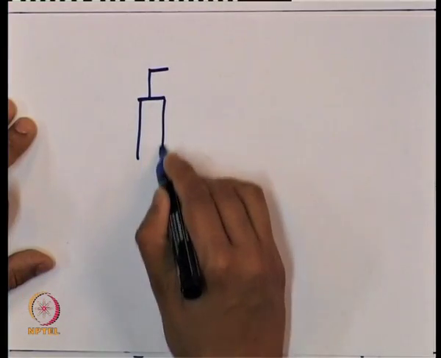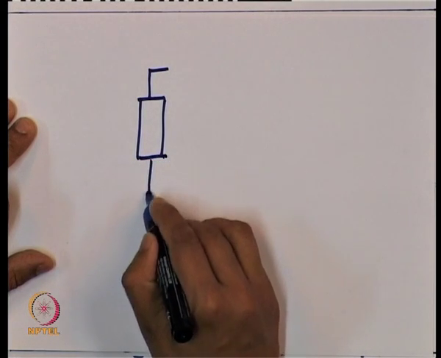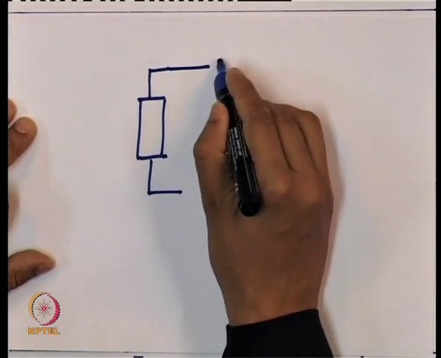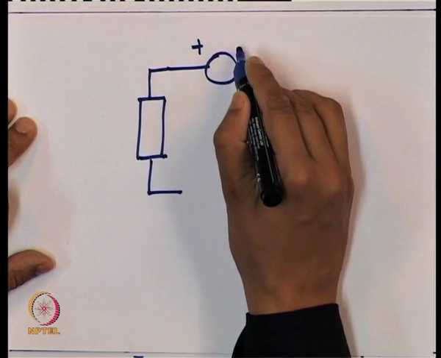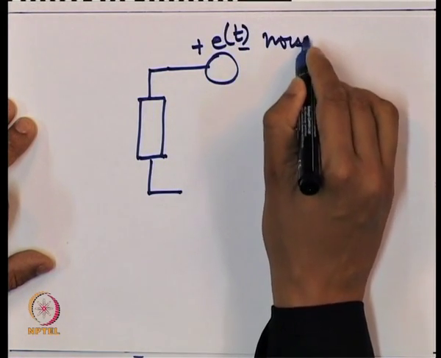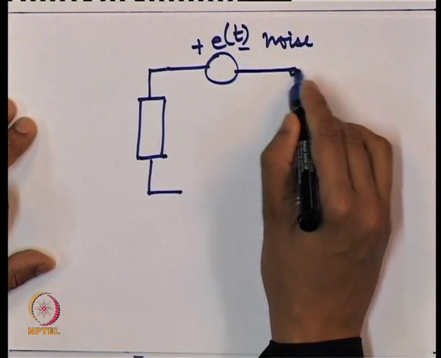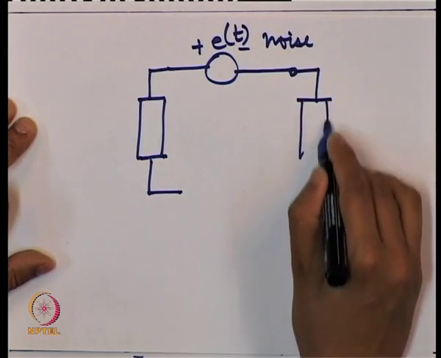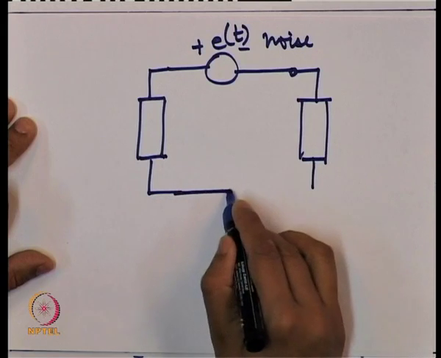An alternate way, from the circuit point of view, from the reflection coefficient point of view, can also be given for this oscillator. Suppose you have an input network like this. Suppose there is a small noise voltage Et, and suppose we have an active device like this.